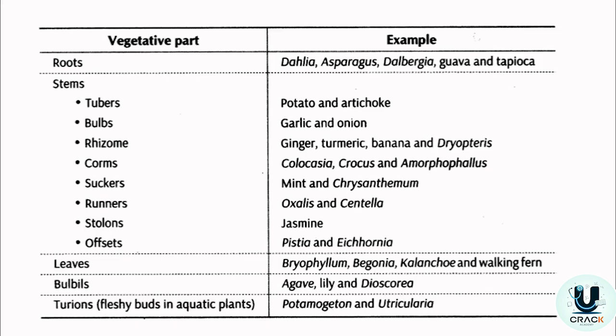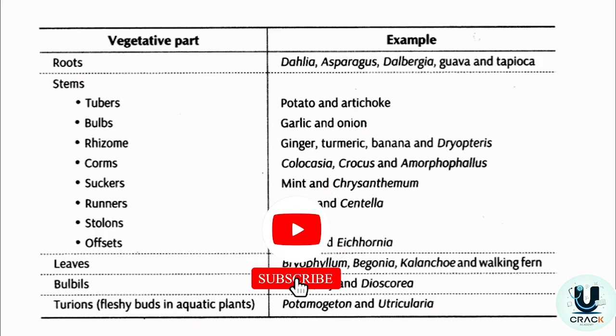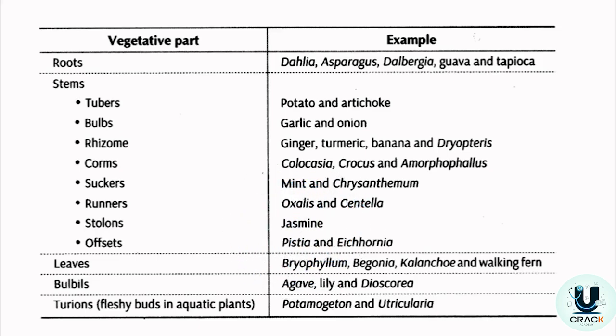Runners, Oxalis and Centella. Stolons, jasmine; offset, Pistia and Eichhornia. Leaves, Bryophyllum, begonia, kalanchoe, and walking fern. Bulbils, agave, lily, and Dioscorea. Turions, fleshy buds in aquatic plants, Potamogeton and Utricularia.